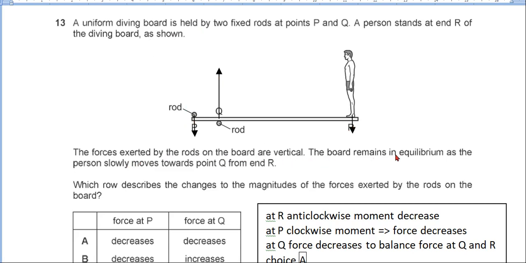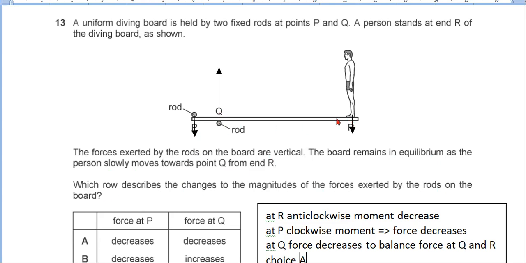The board remains in equilibrium as the person slowly moves towards point Q from end R. Which row describes the change to the magnitude of the forces exerted by the rods on the board?